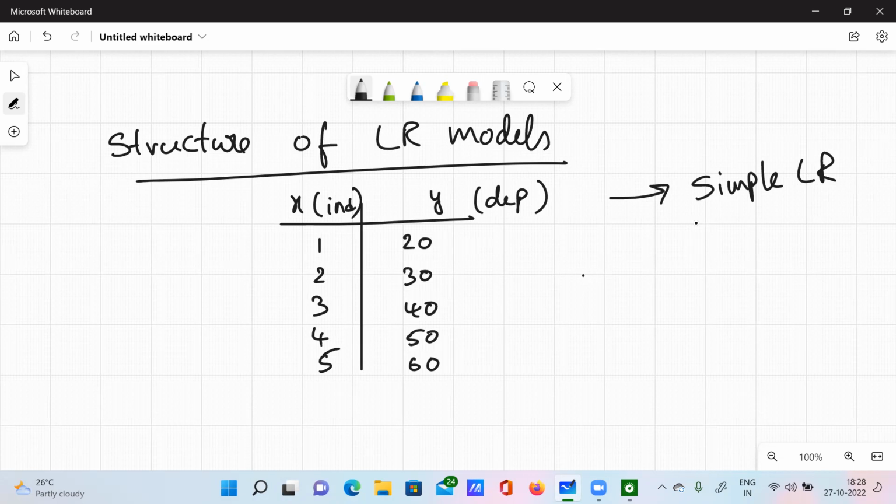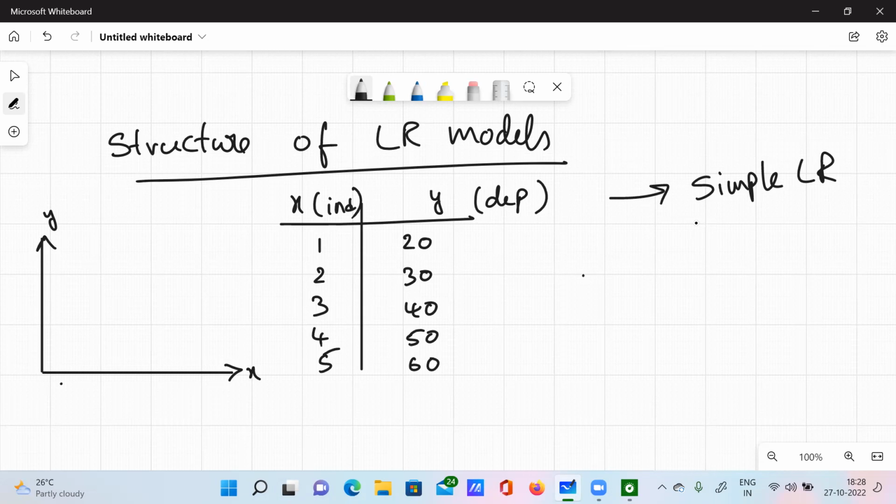When you plot this on a graph, for example, this is the x-axis and this is the y-axis, right?